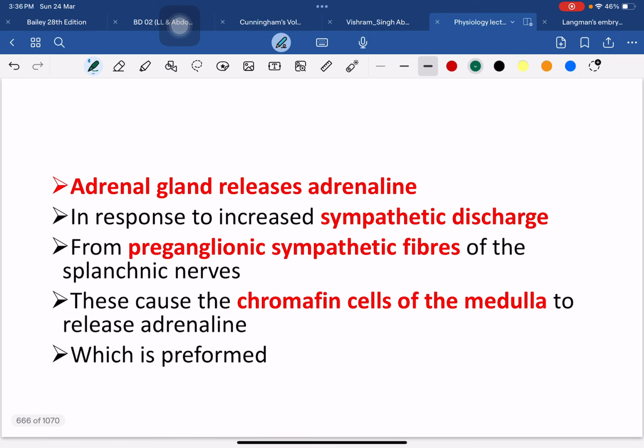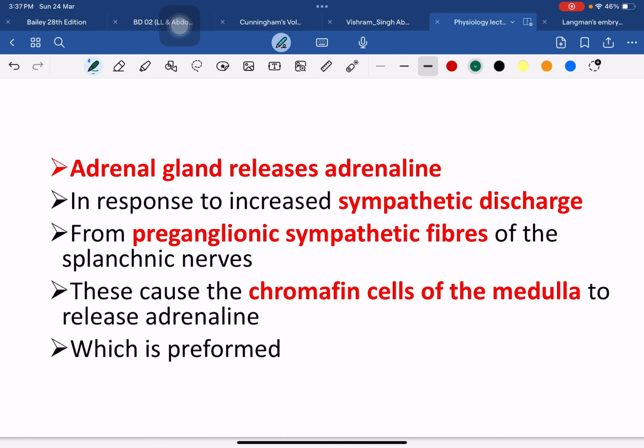So first of all, let's see the adrenal gland. It secretes the adrenaline, also a very minimum amount of noradrenaline, and it is released in response to the sympathetic discharge. When there is sympathetic discharge, there is a very urgent condition.